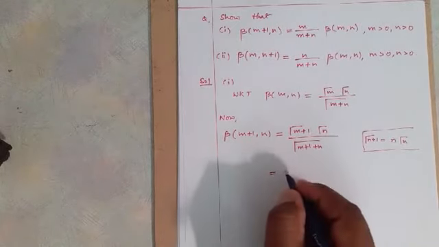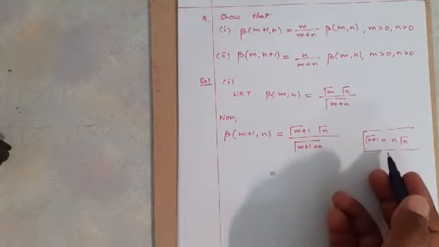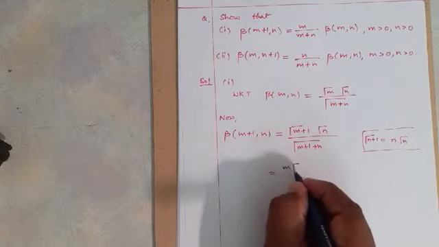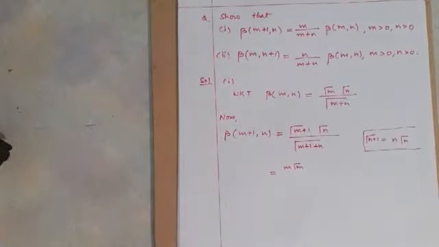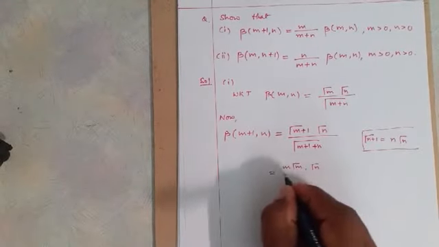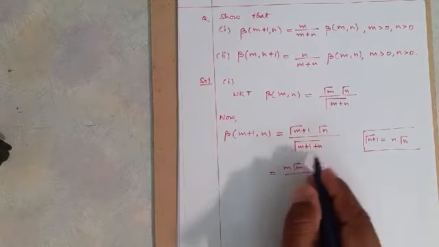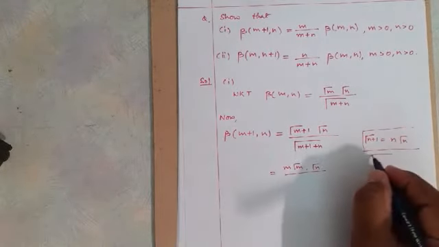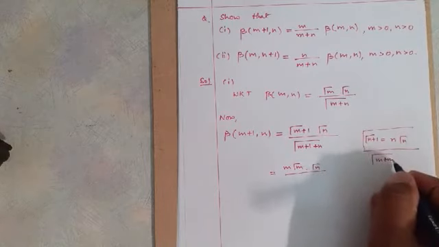Instead of gamma m plus 1, from this property we can write m gamma m into gamma n upon, now here also we have gamma in the form of gamma m plus n plus 1.